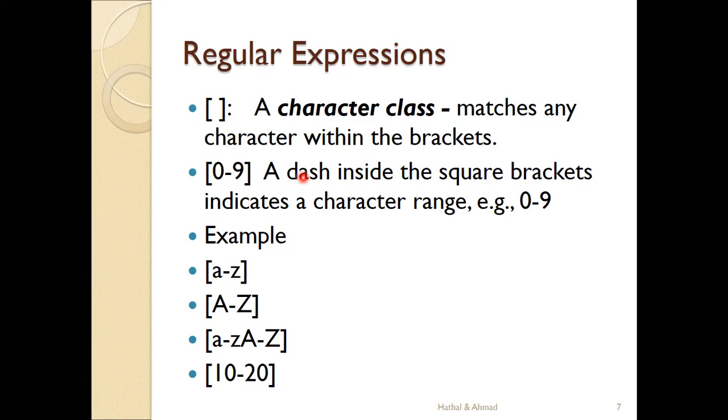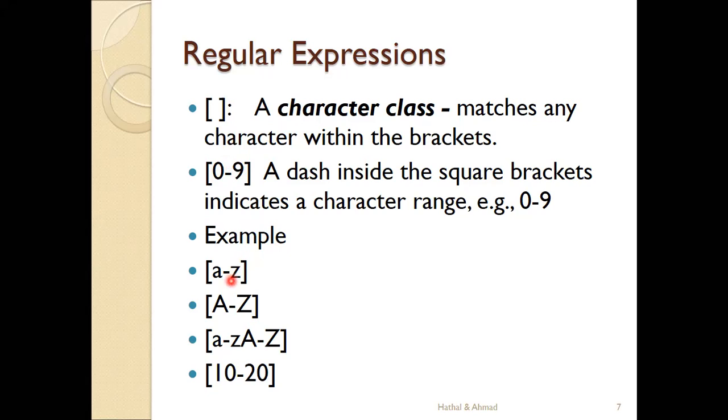The dash inside the square brackets represents the range of characters. Example: here you can see that 0-9 represents the characters that range from 0 to 9, or a digit that ranges from 0 to 9. So a character class means that any one of the characters or any one digit is selected from this character set. That is called a character class.